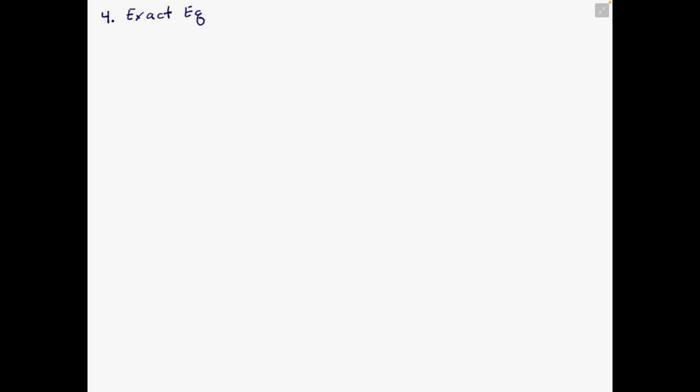Then we looked at, that's the third case, and now we're on our fourth circumstance called exact equations. Okay, exact equations. This is our fourth method that we're given.